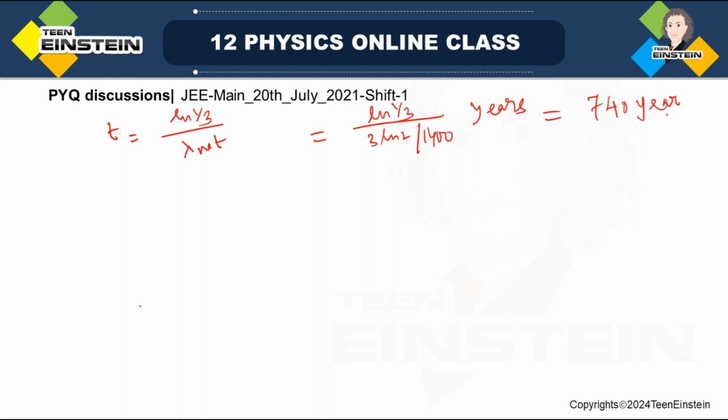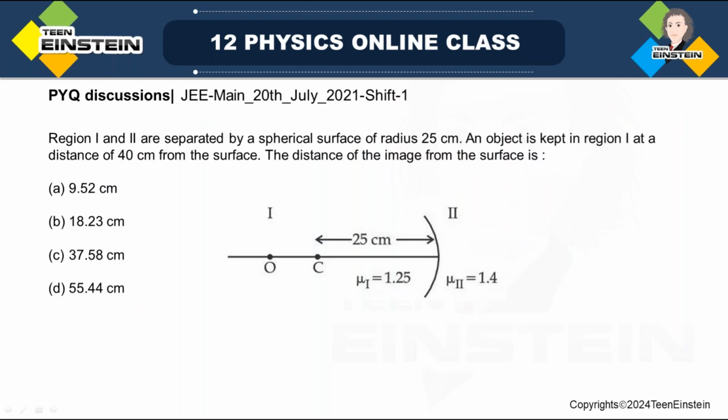If you do the calculation using the value of ln 3, given as 1.1, you can check and then go for the calculation. So this will give you the answer 740 years. Okay, now let us go to the next problem.